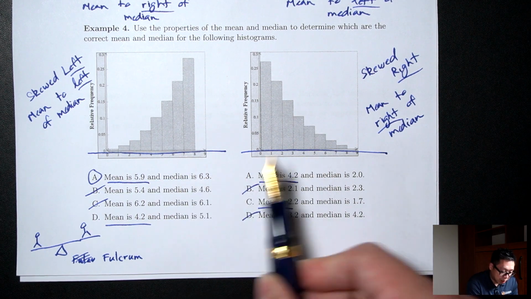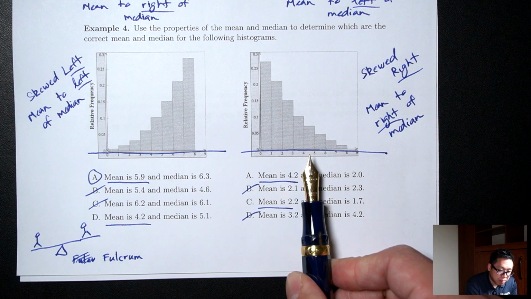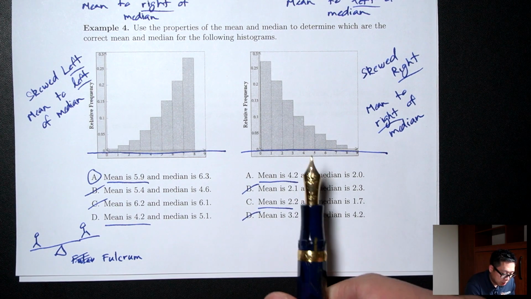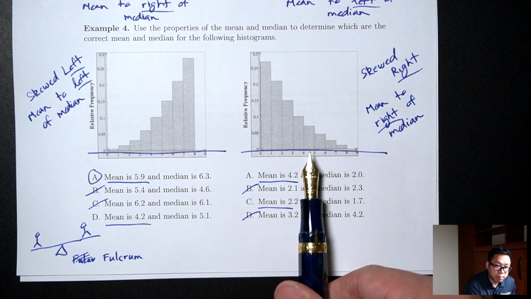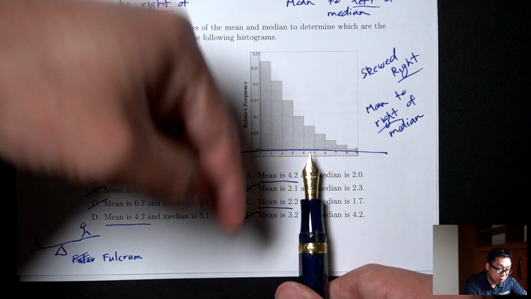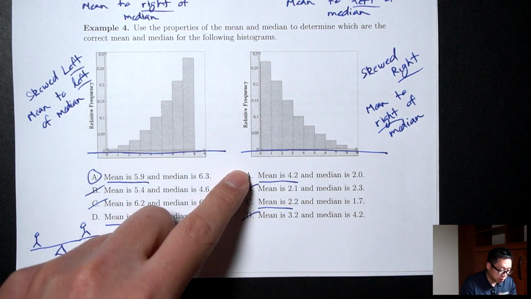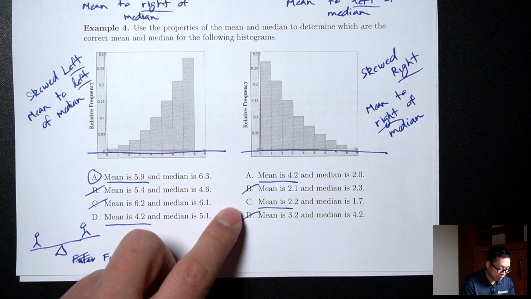Okay, imagine this as a plank of wood. If you were to hold it here, say with your hand or your finger, would it balance or would it tip over? It would tip over, right? I have a whole bunch of big blocks on the left side, not a lot of small blocks on the right side. It's going to tip over this way, which means 4.2 is no good. The answer would have to be C.